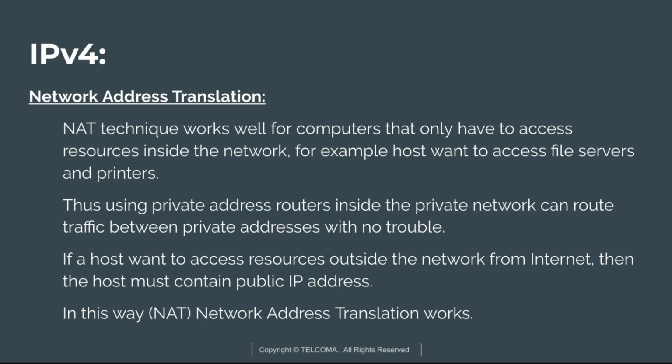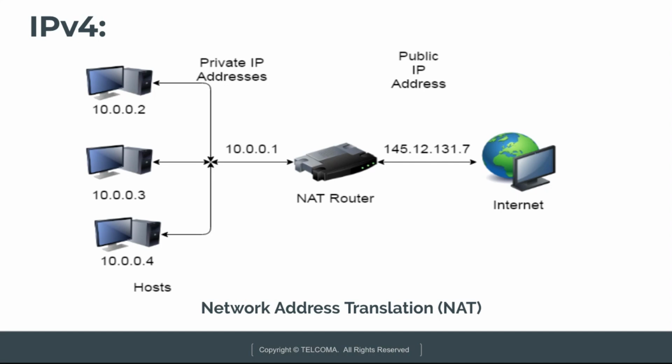But if a host wants to access a resource outside the network, like the internet, then the host must have a public IP address. This is how NAT address translation works. This diagram shows the description of network address translation.